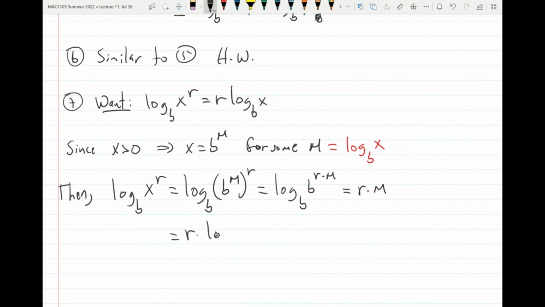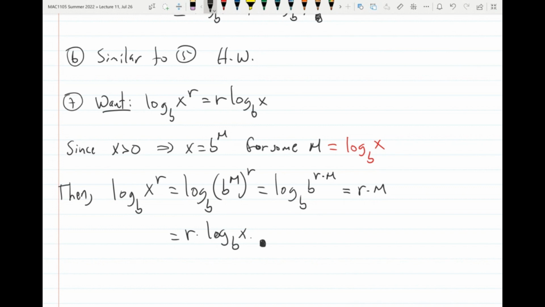So that's r times log base b of x. So again, if you ignore the in-between lines and just read the first and the last, it follows that if you take log base b of x to some power, the power comes down. That's the effect of taking the log of some exponential expression. You're bringing the power down, multiplying. So that's that. Questions? Are you okay with this?